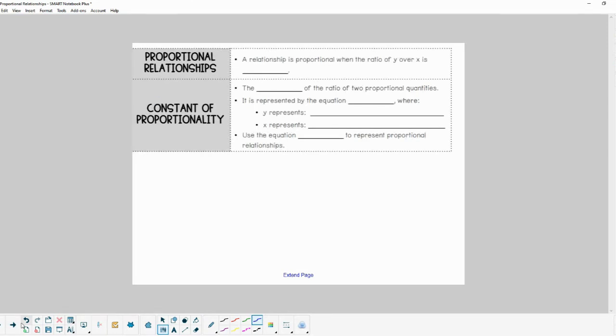All right, so a relationship is proportional when the ratio of y over x is constant, the value of the ratio of two proportional quantities. It is represented by the equation y equals kx, or k equals y over x, where y represents the dependent variable in a table or graph, and x represents the independent variable in a table or graph.